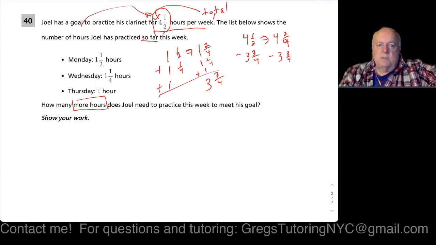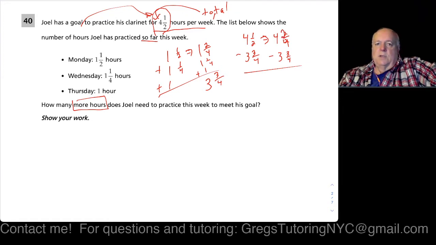Okay, let me just stop 1 second. I want to make sure because I don't always get the numbers right. Let's see, 1.5, 1 1/4, 1. That becomes 2/4. That's 3/4, 3/4, 3 3/4. Cool. 4.5 minus 3 3/4. We get 4 2/4 minus 3 3/4. Yes, we're good. Okay, so we can't subtract 3/4 from 2/4.